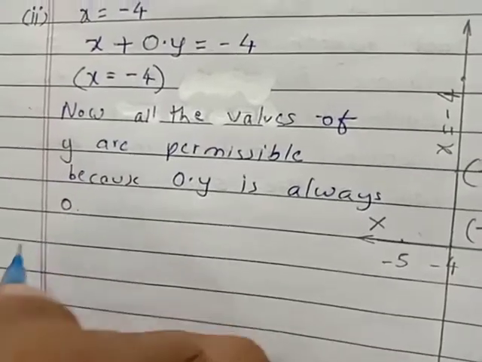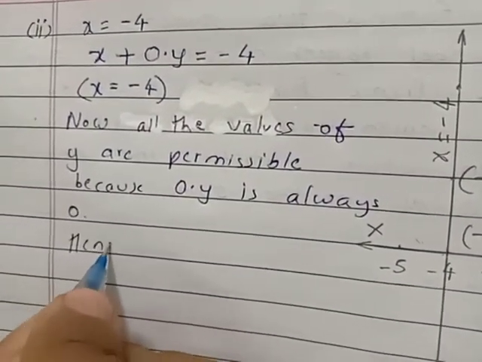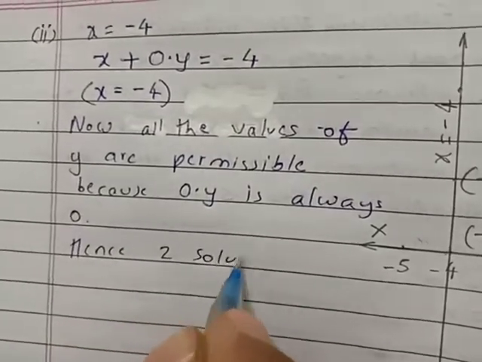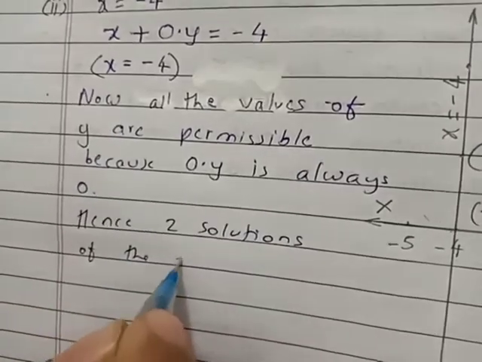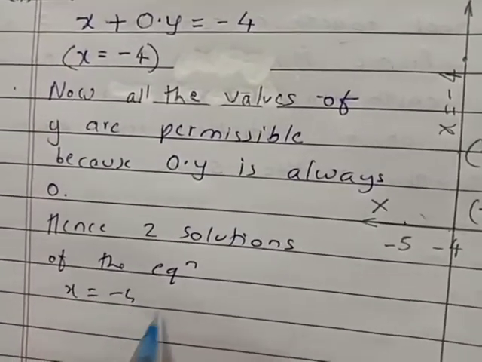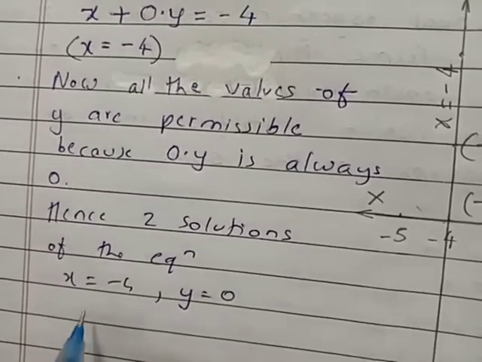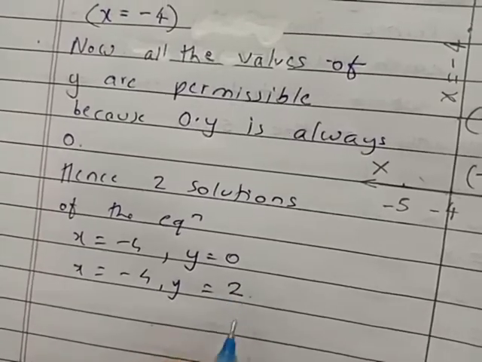So now we got two solutions of the equation. Which are they? x equal to minus 4, y equal to 0, and x equal to minus 4, y equal to 2.